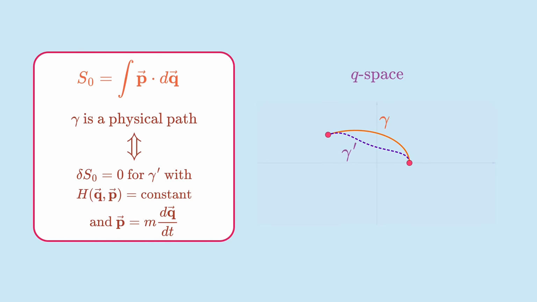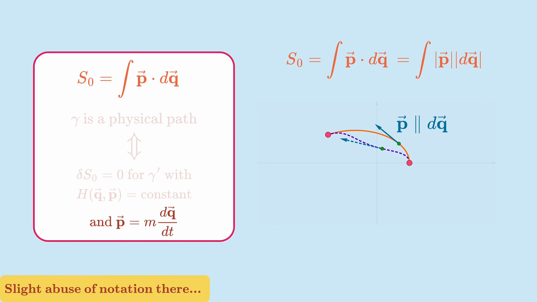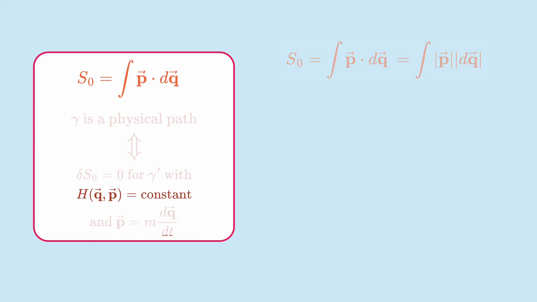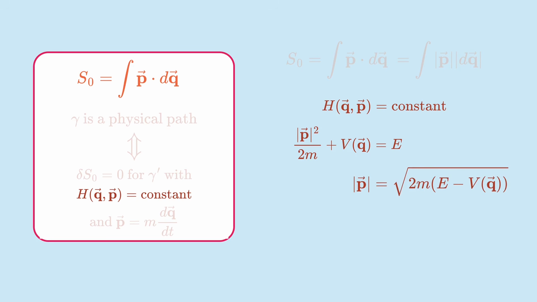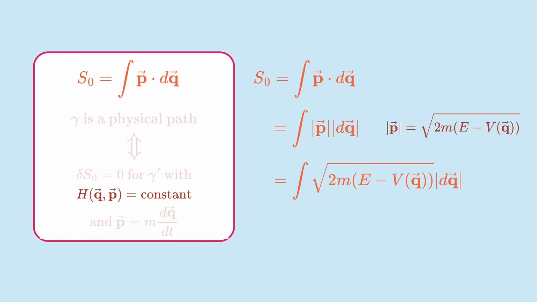Let's unpack what this means. Since P equals m times dq by dt, it is tangent to the curve and parallel to dq. The dot product gives the length of P times length of dq. Now we impose conservation of energy, so the length of P squared over 2m plus potential energy is a constant E, allowing us to express the length of P in terms of Q and E. The abbreviated action is then the integral of this times the length of dq.